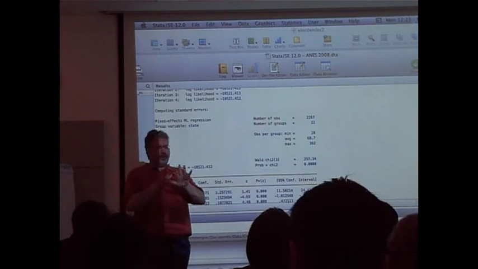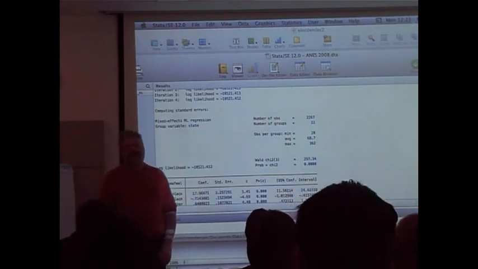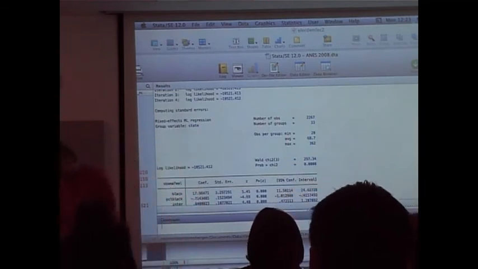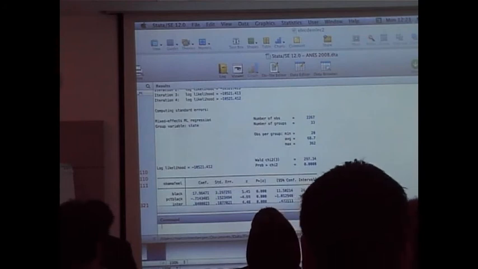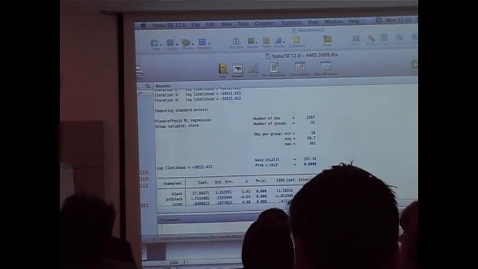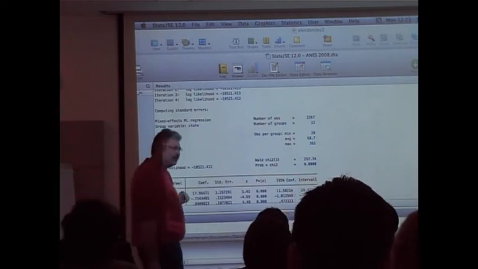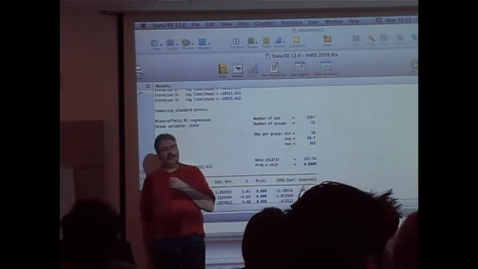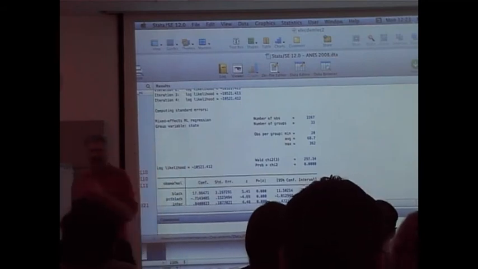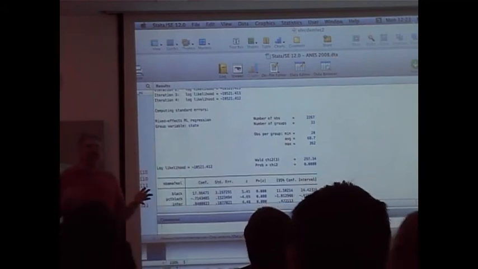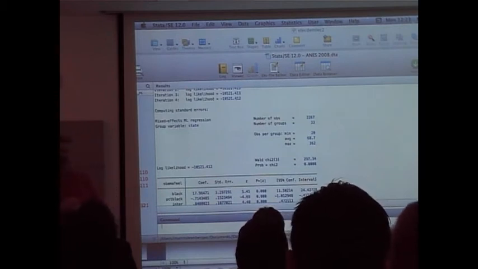Because if you have 5 observations in a particular level 2 unit, then you cannot really reliably estimate a regression. It may even be impossible to estimate a regression when you have more parameters that you want to estimate, more fixed effects, than you have observations.